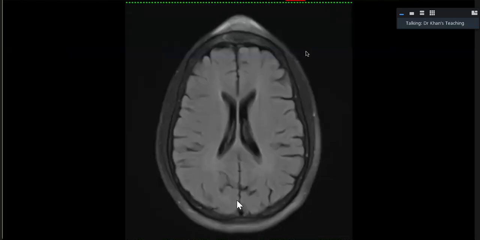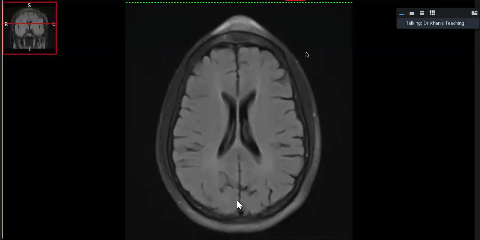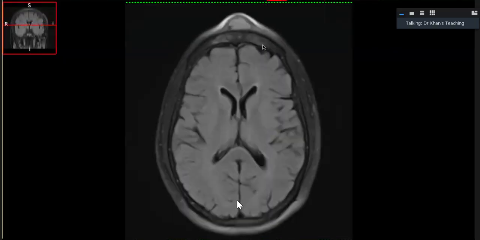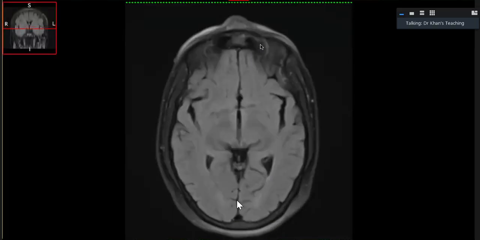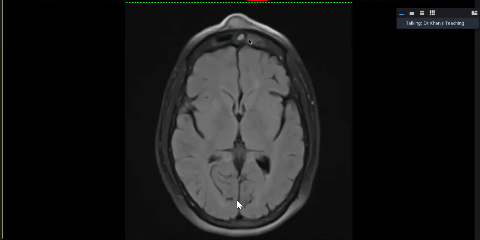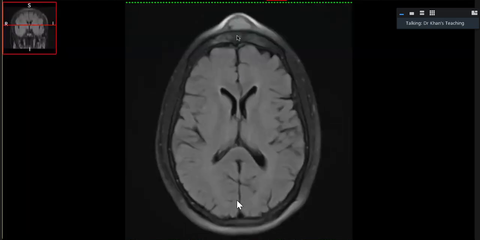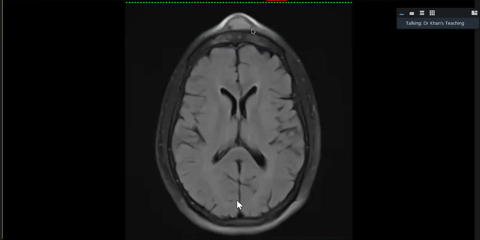Flare is a useless sequence to look at the bone marrow, but even here, you can see that something is abnormal. So this is the inner table, this is the outer table, and then this focus is fluid signal. Rest, there is something abnormal happening.